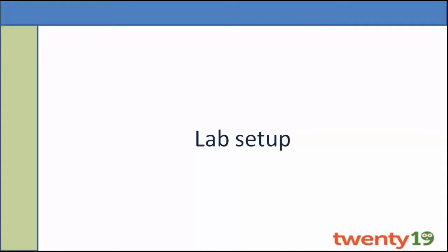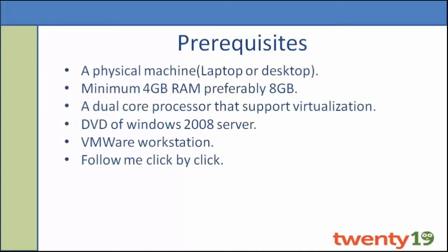So the prerequisites to set up a lab and to understand the course are, we need a physical machine. It could be a laptop or a desktop, and we would need at least 4 GB of RAM, preferably 8 GB. 8 GB would be better, but even 4 GB will do the job.